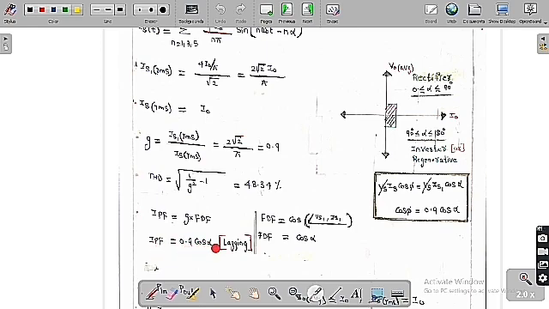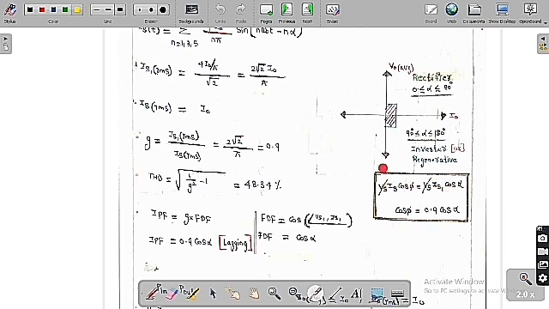You can go in another fashion also to get the value of cos phi, which is called the input power factor. Input power is equal to output power. Input power is Vs RMS into Is RMS into cos phi, which is equal to the fundamental component power, Vs RMS into Is1 RMS into cos alpha.